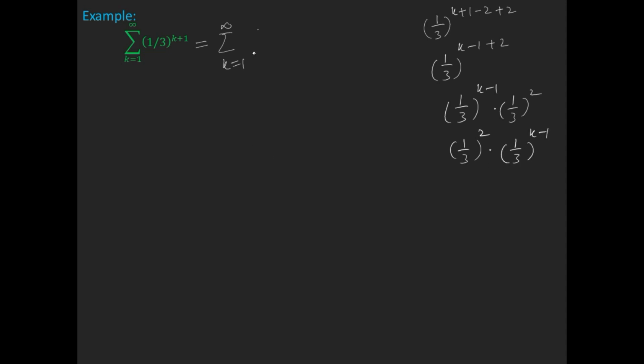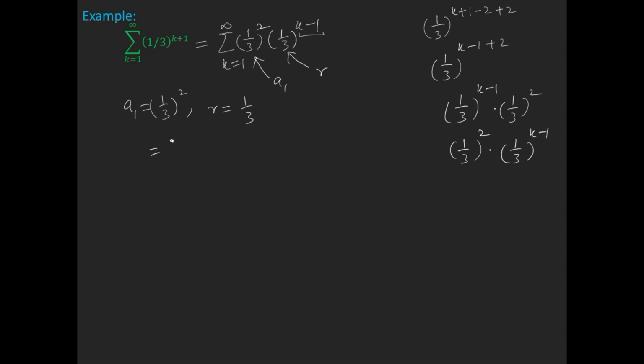So this series is changed into 1 over 3 power 2 and 1 over 3 power k minus 1. So this is our a1 and this one is our r. Under power k minus 1, this is r. So a1 is 1 over 3 power 2 and r is 1 over 3.